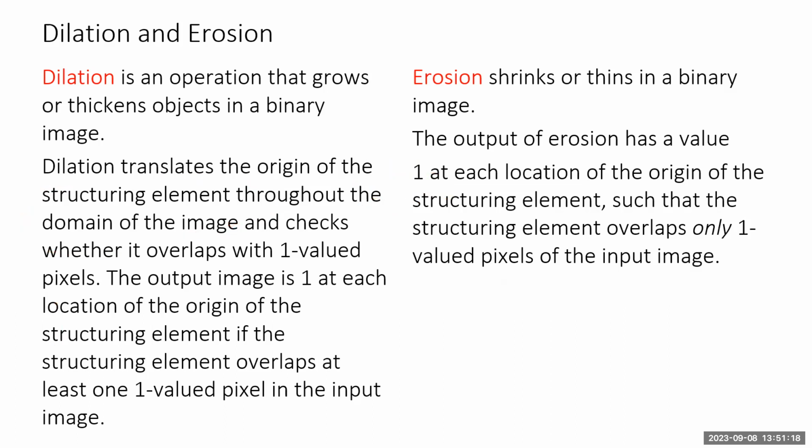Mainly, as we discussed, there are 2 basic morphological operations: dilation and erosion. Dilation, as I said, we use when there are discontinuities, to combine them. It's an operation that grows or thickens objects in a binary image. I don't want to draw and explain now, because we'll do an example and then you'll understand.